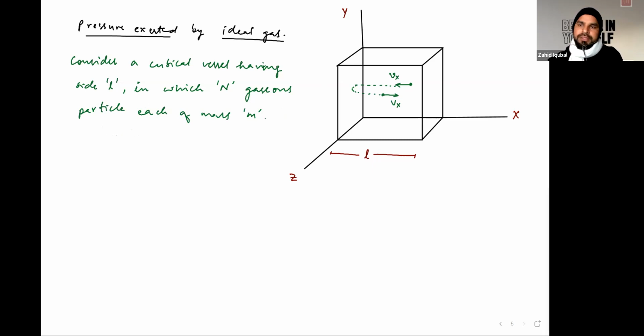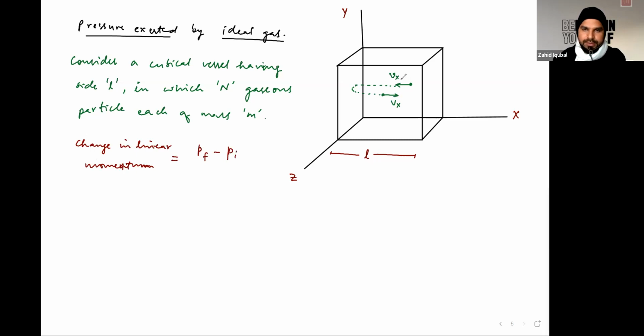So to find pressure, first we need force, and to define force, we must need momentum. So first, the change in linear momentum during this collision. So it will be P final minus P initial.